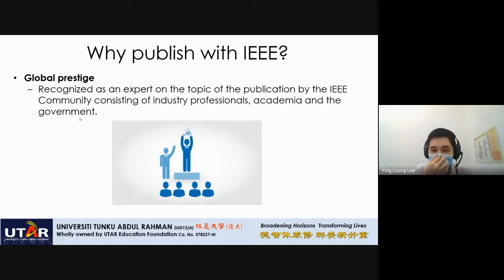So if they see your work, right, usually IEEE publishes very high quality work. So if you manage to publish there, your reputation will increase, and they also know you are an expert on a particular topic. This in future may attract more collaboration, or perhaps you will get a higher number of citations, right?